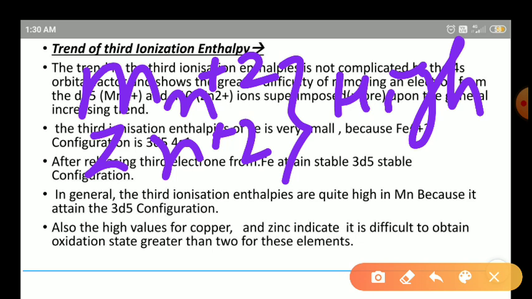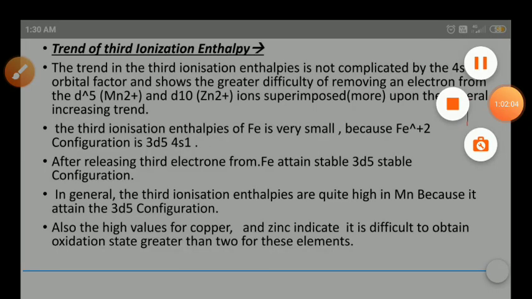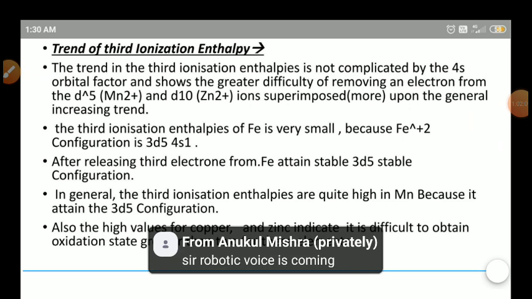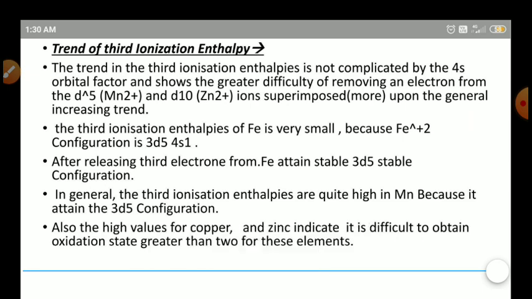If the voice is not clear, it means there is a network problem. Just two minutes, this topic will be finished here. Now the voice is clear, students.